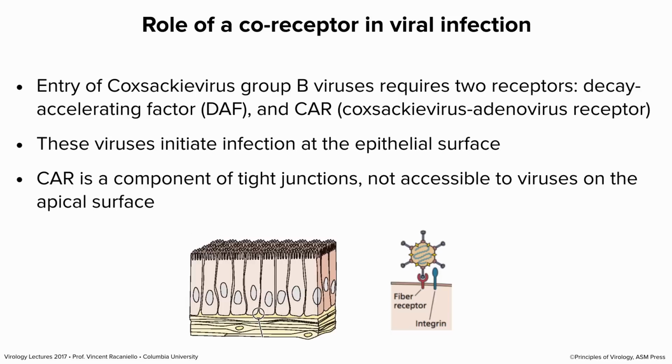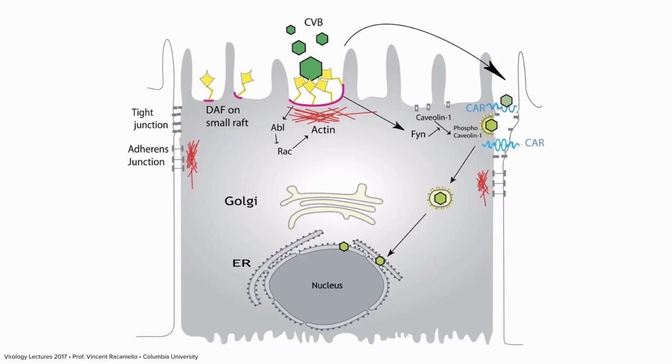Well, it turns out that the viruses initially bind DAF on the apical surface of polarized epithelial cells. That binding starts a whole signal transduction pathway, which is shown here by these arrows, ABL, RAC, FYN, various protein kinases that do 2 things. First, they loosen up the actin filaments just below the plasma membrane.